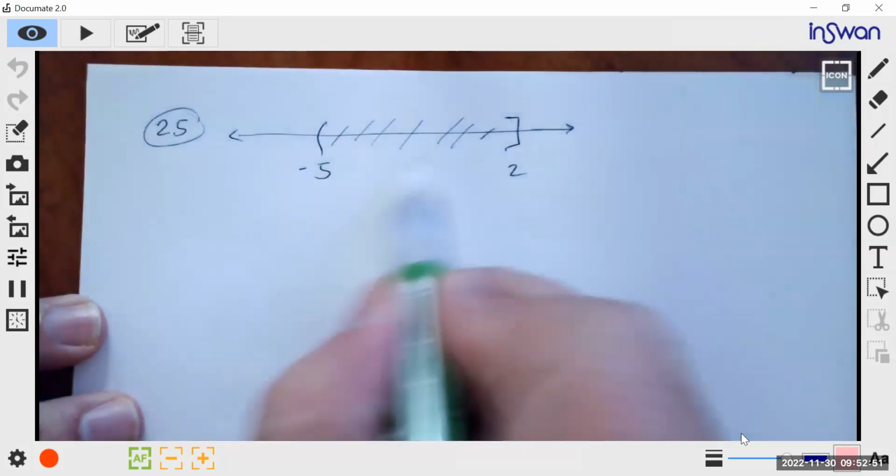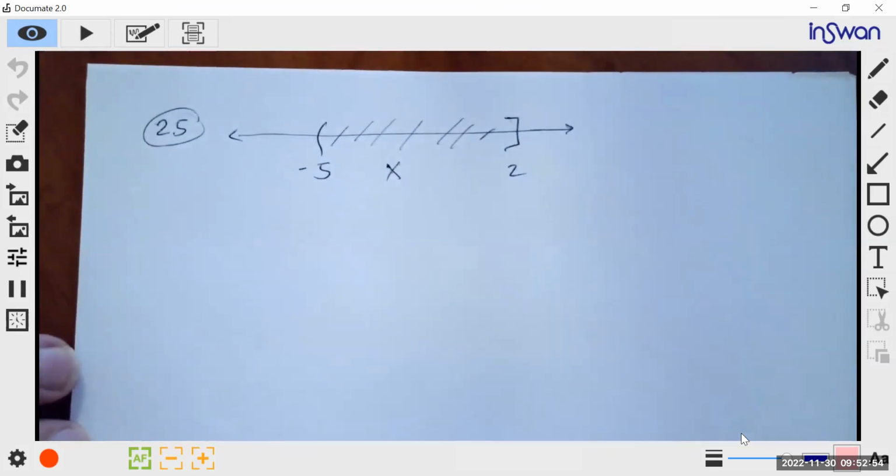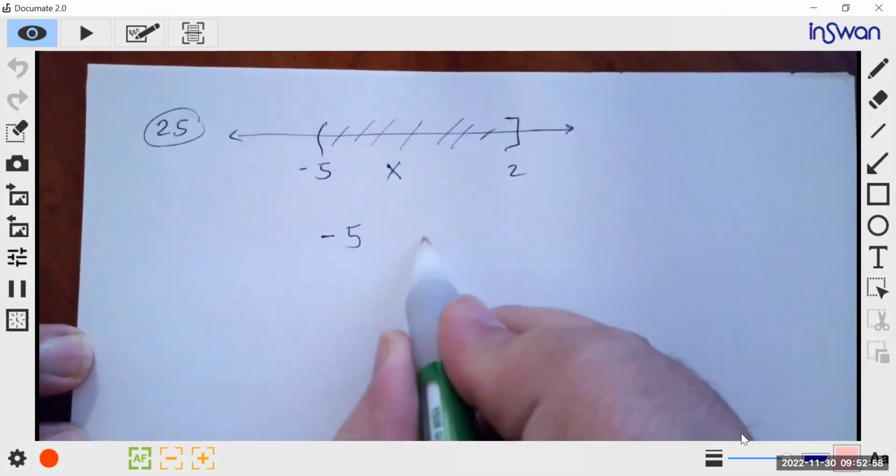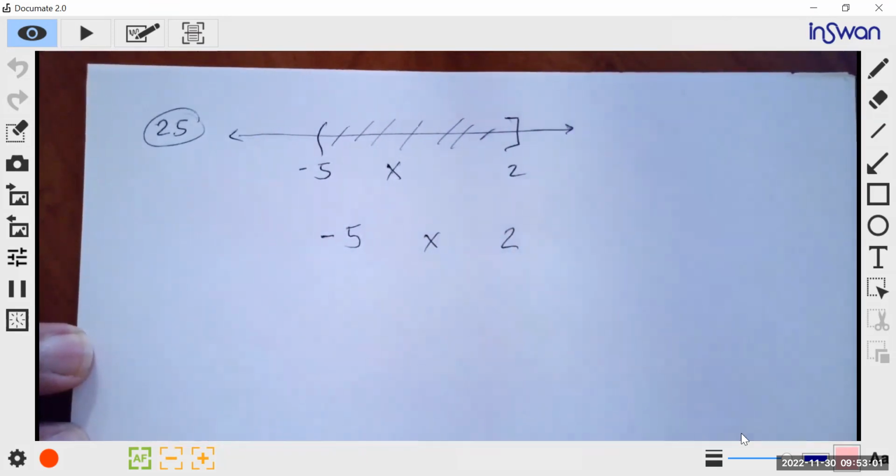So the shaded area, that's our X. X has to be then between negative 5 and 2.